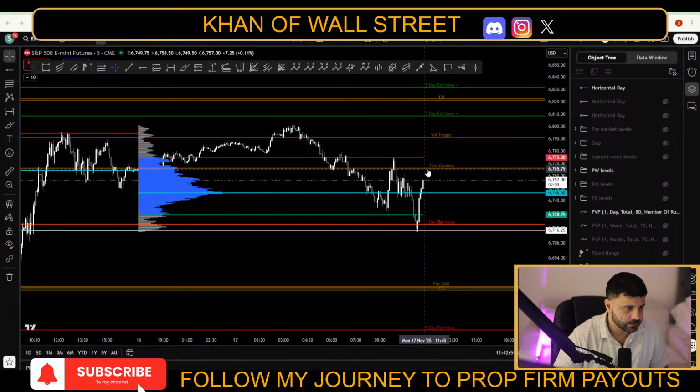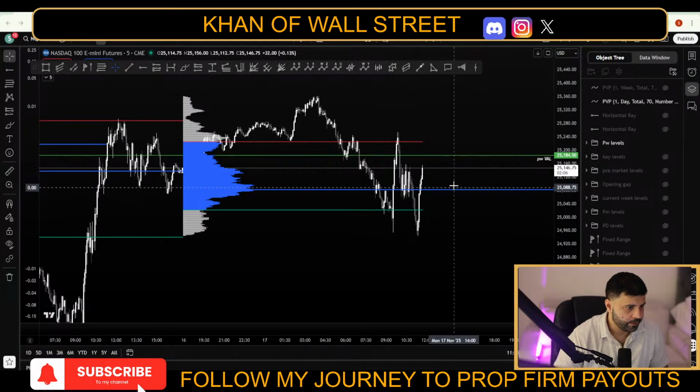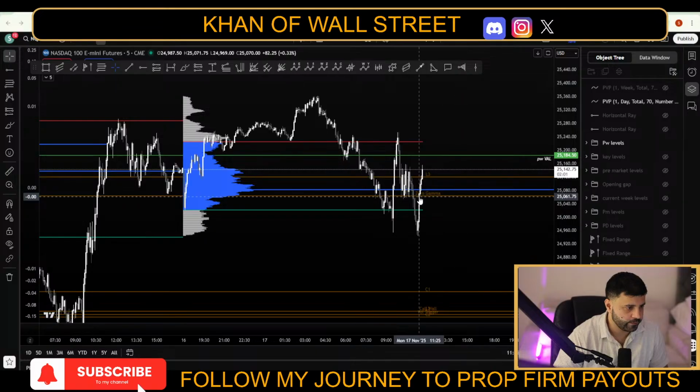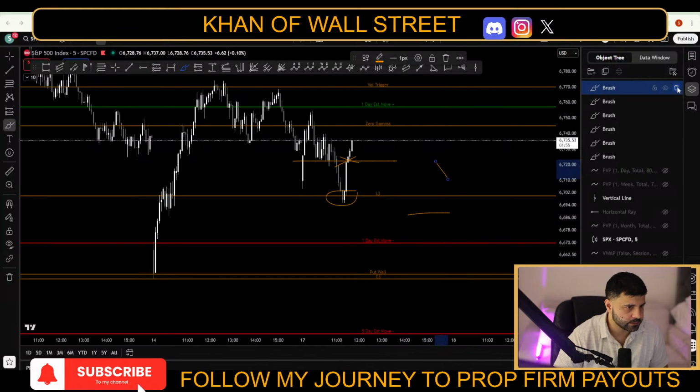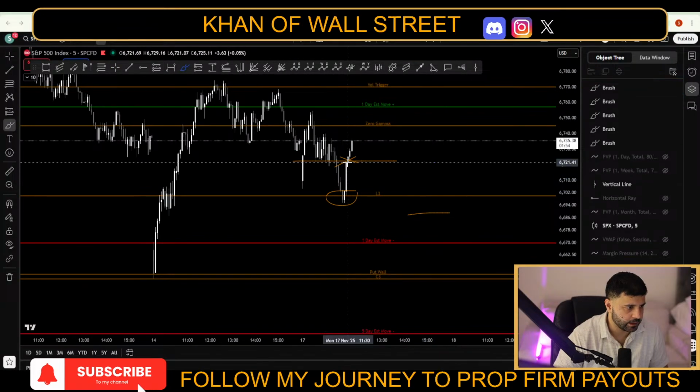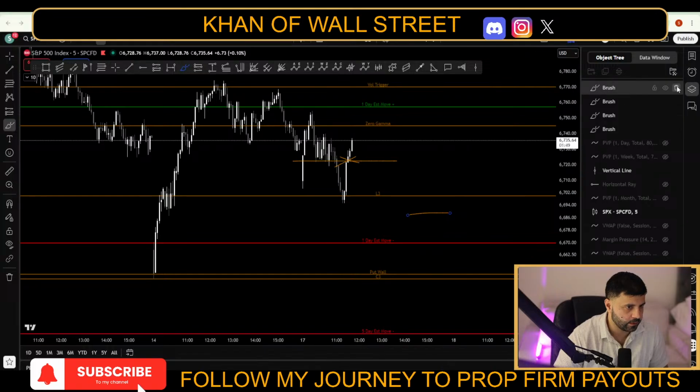The VIX is starting to fall off a cliff here. ES wants to reclaim zero gamma. NQ way above it. SPX is, yeah, that was my exit. That's what I thought SPX is going to get to, right? Got a lot further than that.